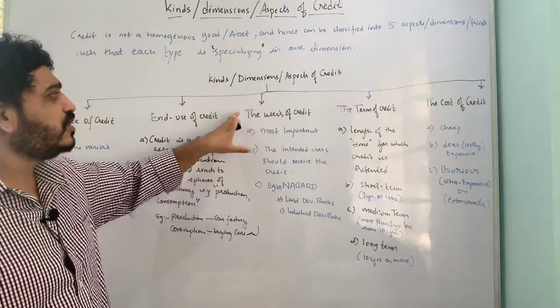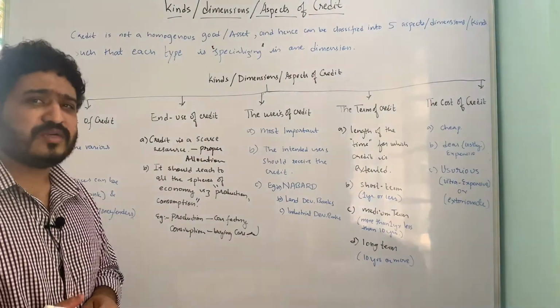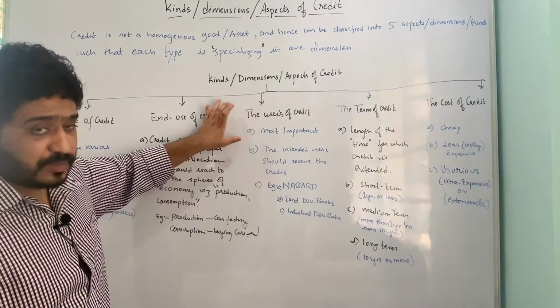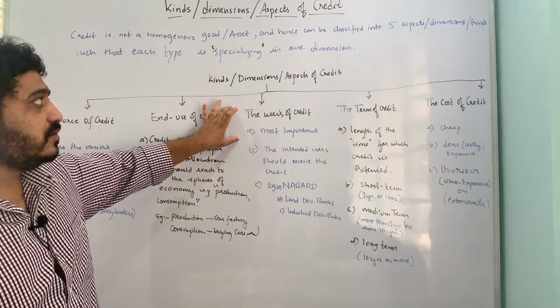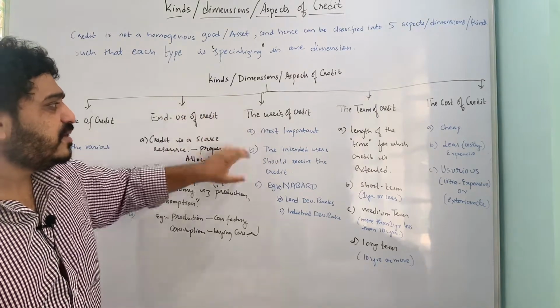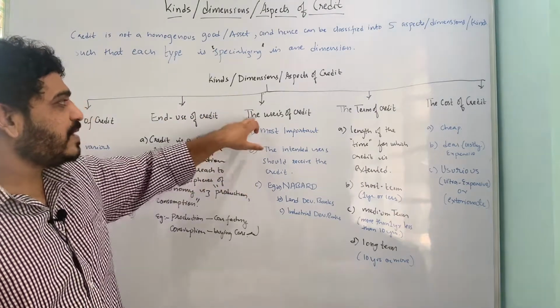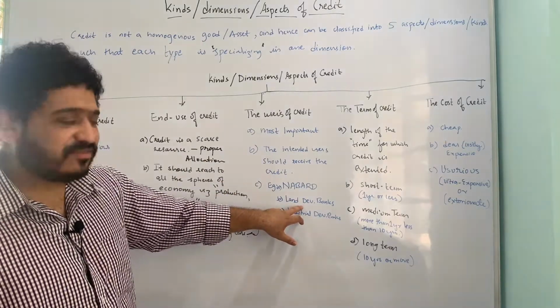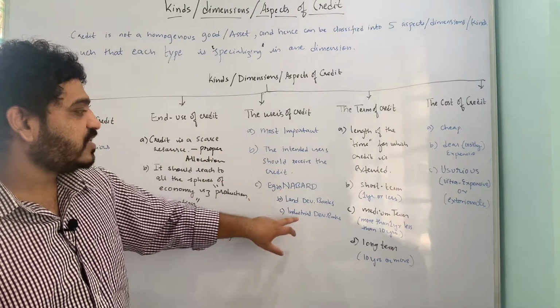Now let us move to the users of the credit. Who are the users of the credit? This is again the most important aspect or dimension of credit. Why? Because, for example, a credit is intended for land development, or rural development, or industrial development.